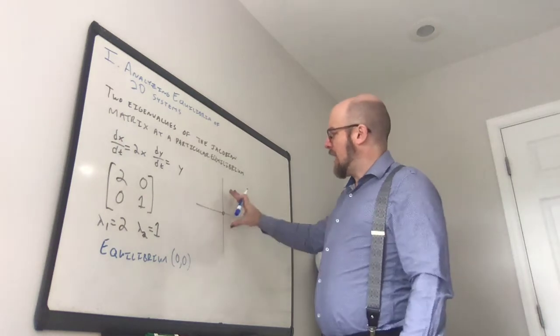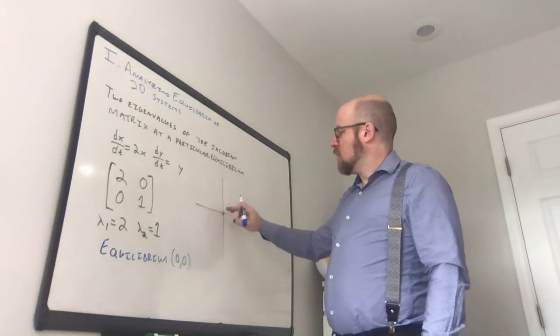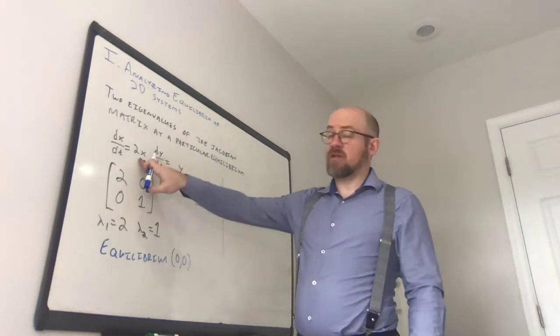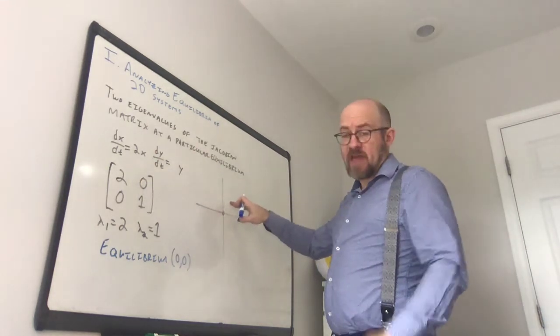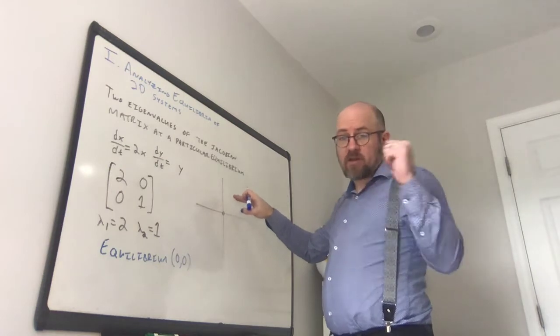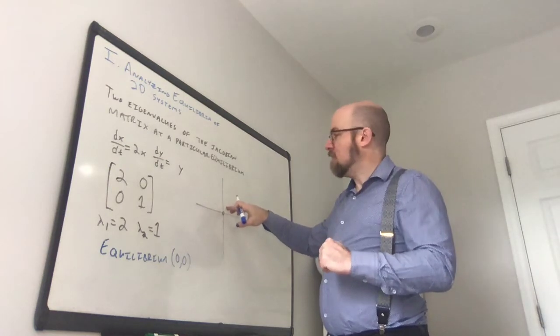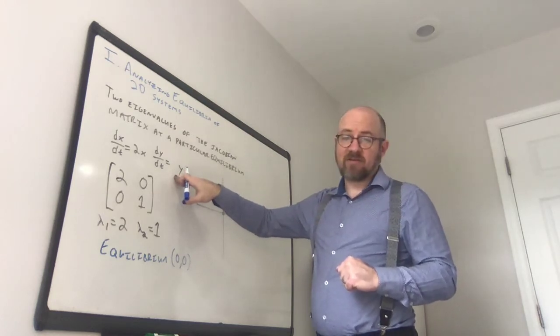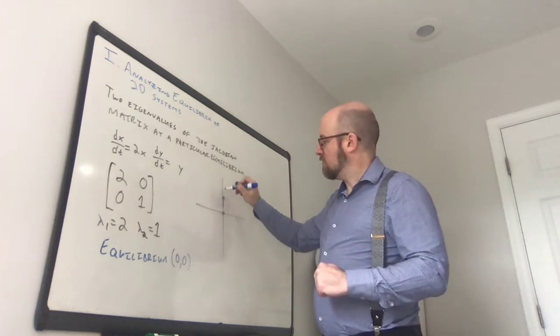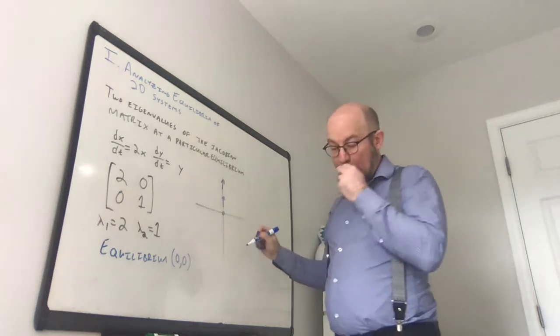And if you look at what happens on these nullclines, when you're on the x nullcline, x equals 0, there's no horizontal motion, it's just vertical. If y is greater than 0, dy/dt is going to be greater than 0, and so up here you get this.